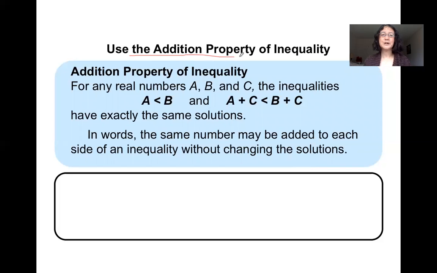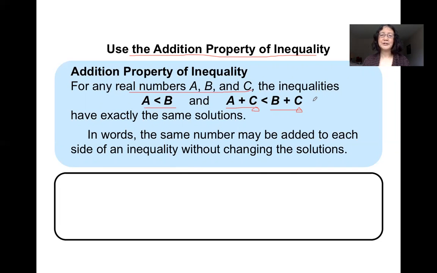Use the addition property of inequality. For any real numbers a, b, and c, if a < b, then a + c < b + c. That means you can add the same item to both sides of an inequality.